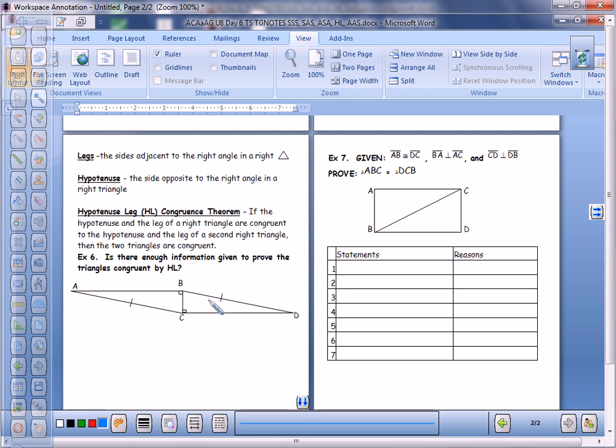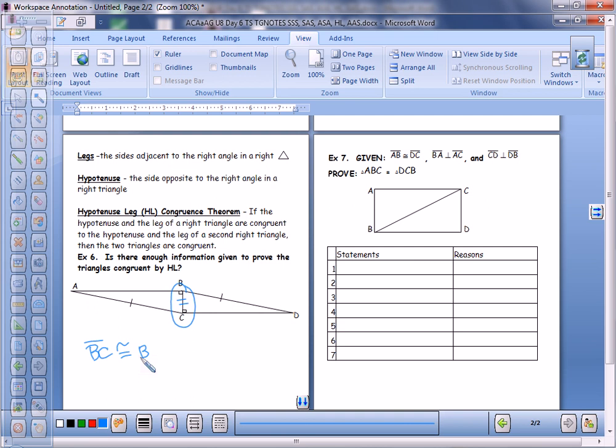So if we look at this, we do see that played out here. We have two right triangles. That's key. We can't use hypotenuse leg unless we know right triangles. We also see that we have the hypotenuse of each of these triangles marked congruent. Now the other part is this part here, where BC is congruent to itself, reflexive property.